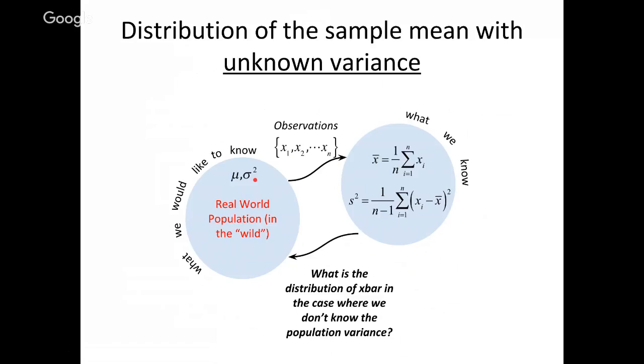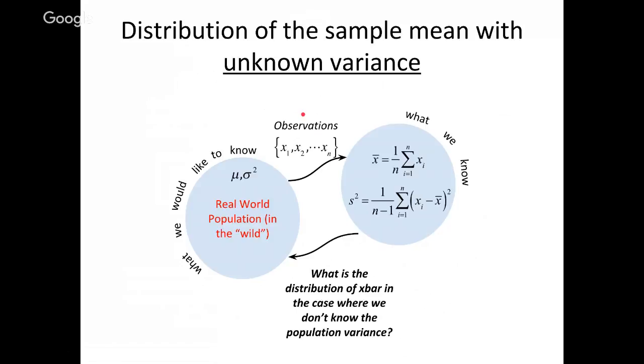Okay, that was a lot of effort to determine that in the case where we do not know the population variance, the sample variance that we calculate from our data is going to be distributed as a chi-square distribution with n minus 1 degrees of freedom, where n is the number of samples.